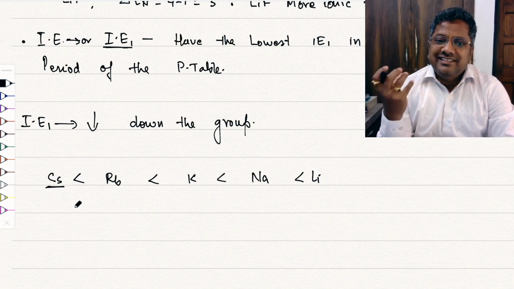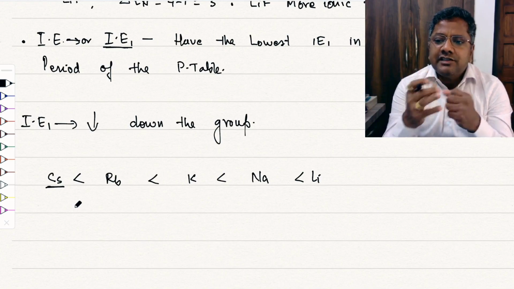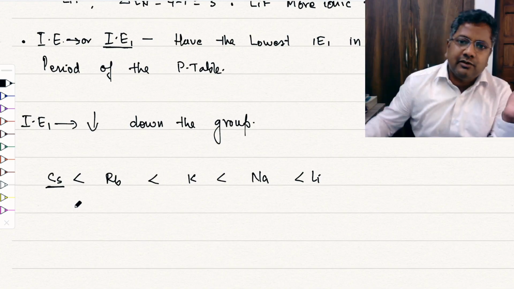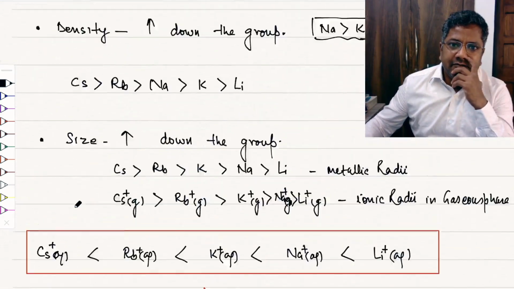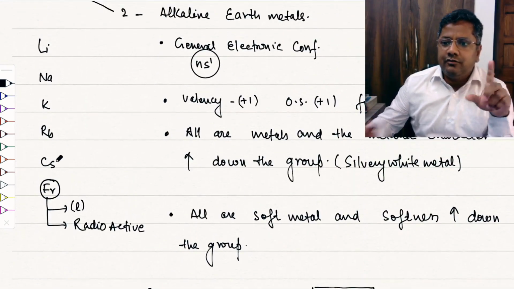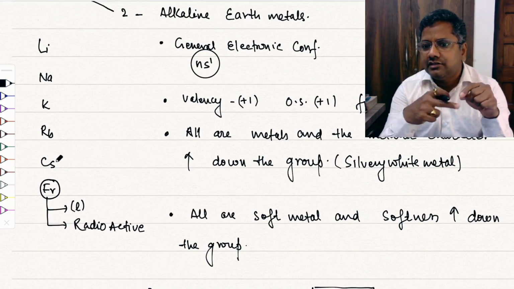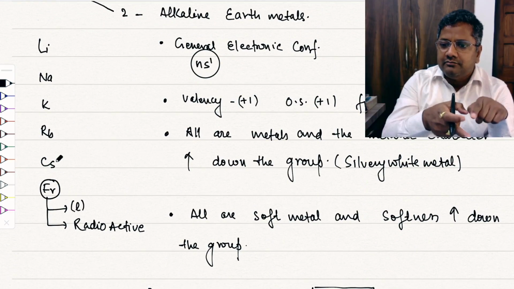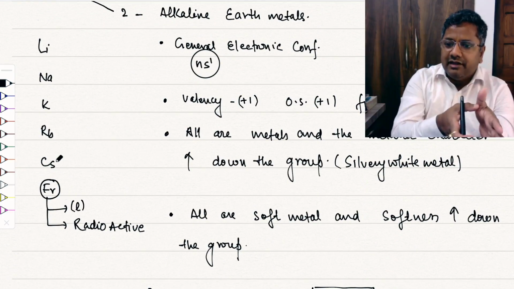If you exclude francium from this list, cesium has the lowest ionization energy in the periodic table, because this is the extreme left bottom element.